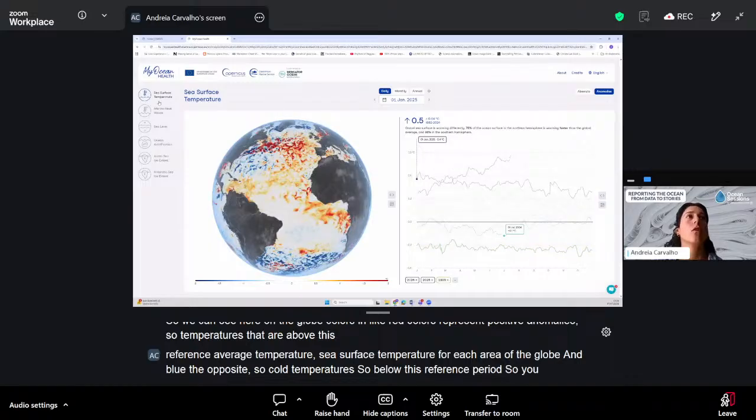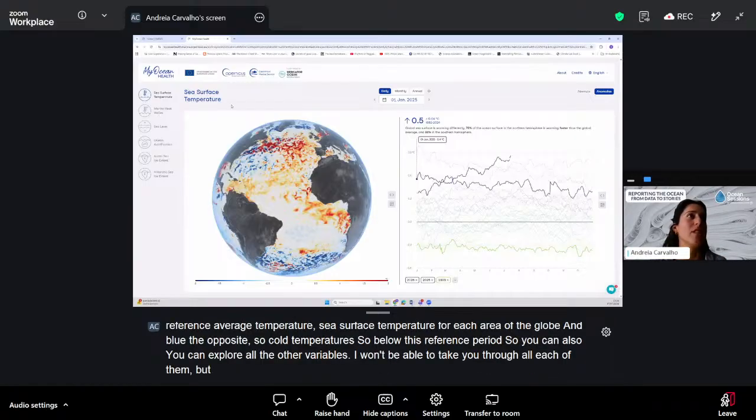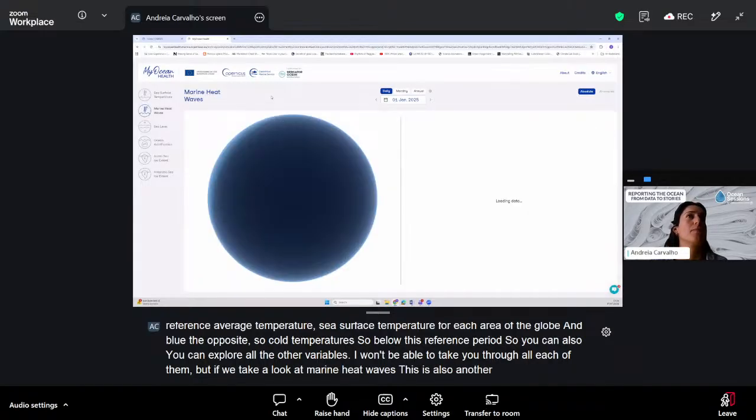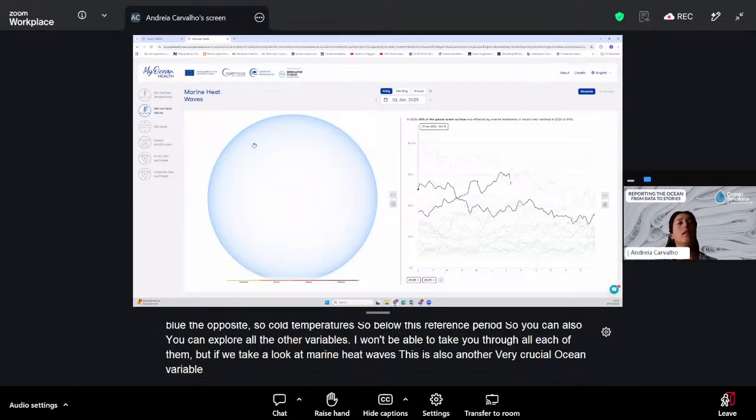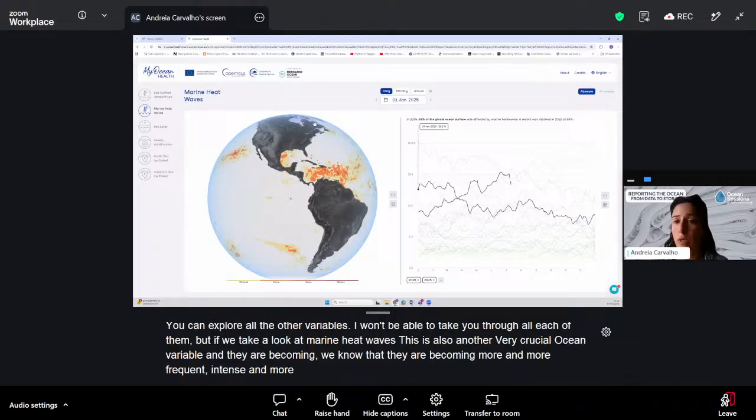So you can also explore all the other variables. I won't be able to take you through each of them, but if we take a look at marine heat waves, this is also another very crucial ocean variable, and we know that they are becoming more and more frequent, intense, and more widespread.